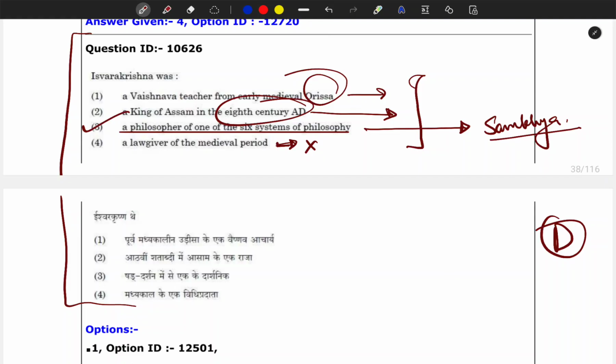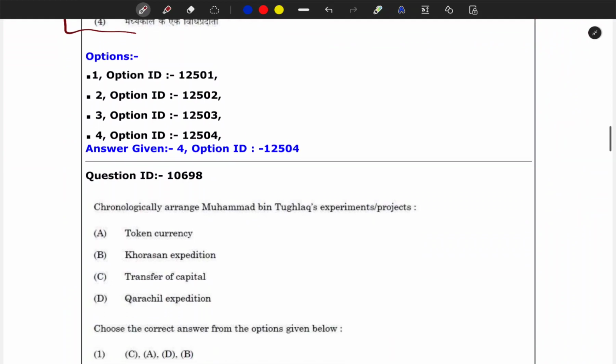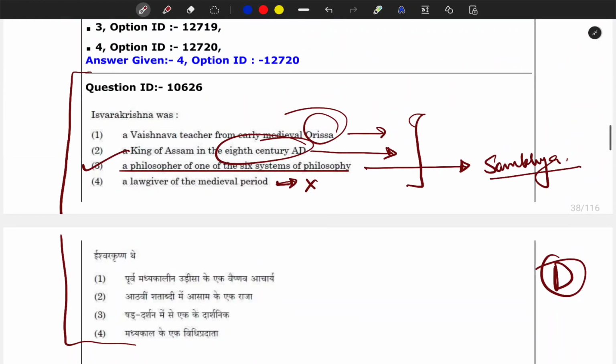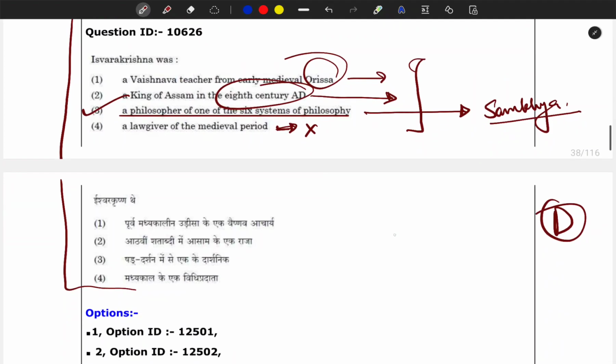We have already discussed religion and philosophy in ancient India. If you have not watched that video, go and watch that, and also do further studies in that, because I have only taught you the basic things about Sankhya philosophy and the other philosophical schools, but they are asking questions in depth.